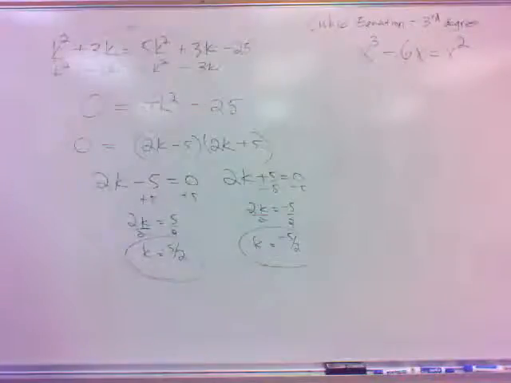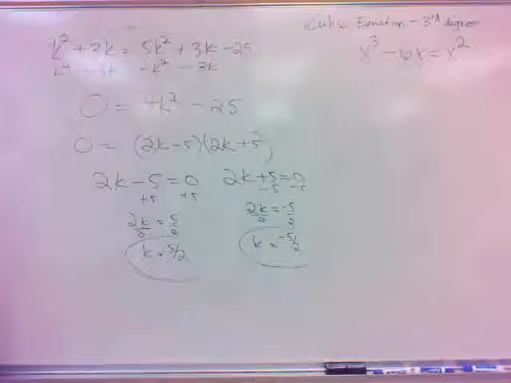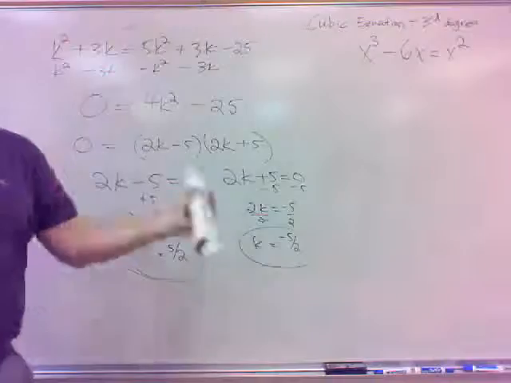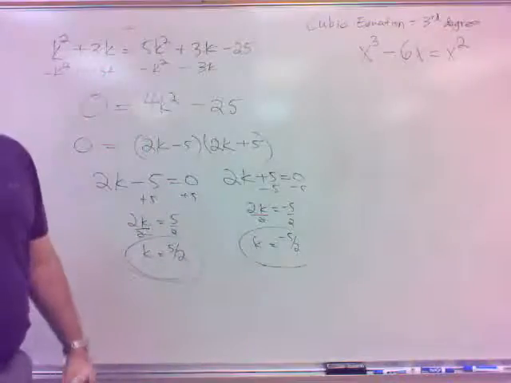However, turns out some cubic equations or third degree equations or even higher powered equations, they too can be solved by this factoring method that we're talking about. And it turns out this one is one where we can solve this similarly to what we've done with our x squared equations.